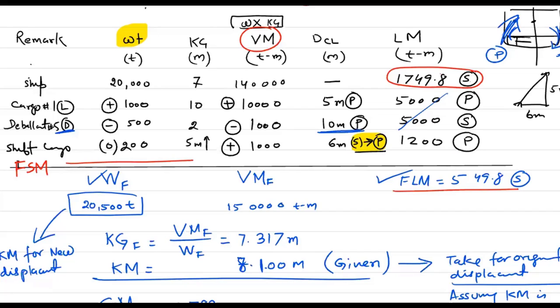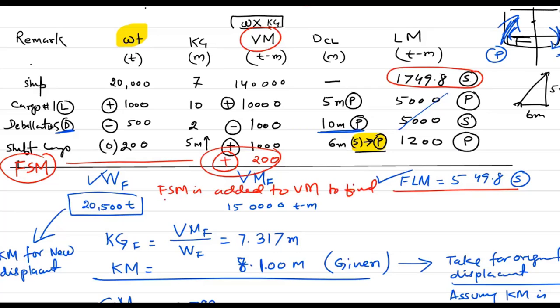Whatever is the free surface moment, suppose 200 ton, you're going to add. That's it. If there is a free surface moment, you add. Make a note: free surface moment is added to vertical moment. Find final KG. This is done. This is one case.